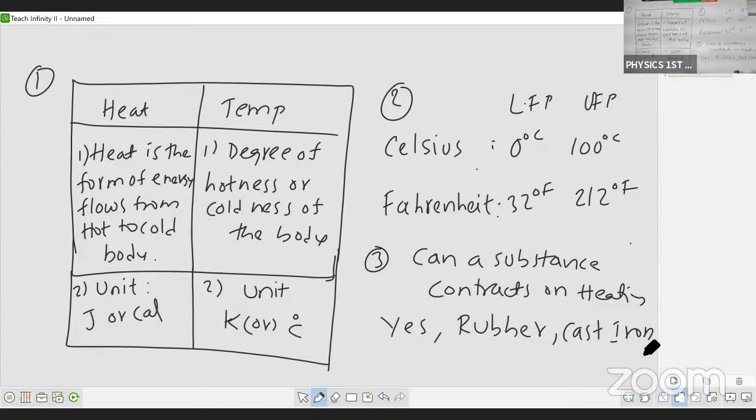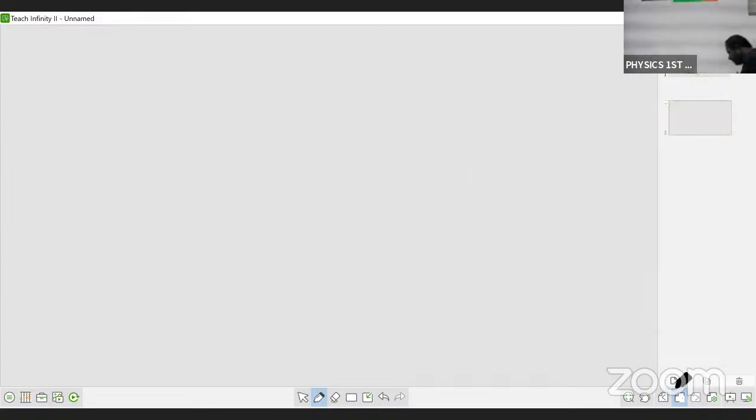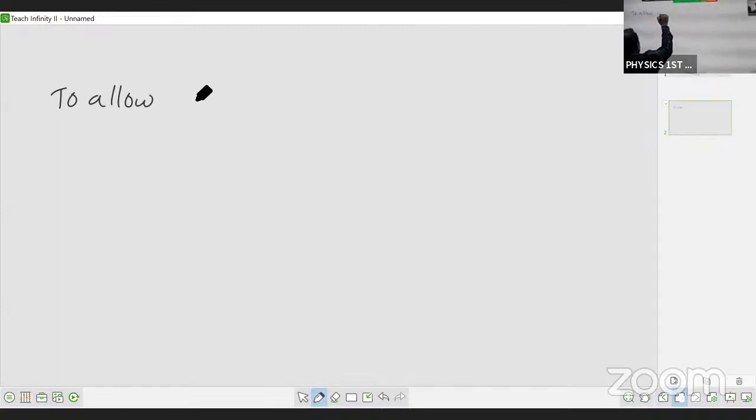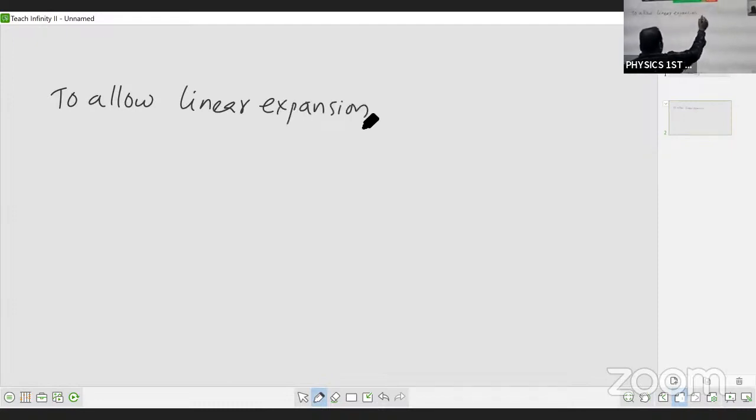Why are gaps left between rails on a railway track? So in between the railway track, there are gaps. What is the reason for that? Gaps are left to allow linear expansion in summer.